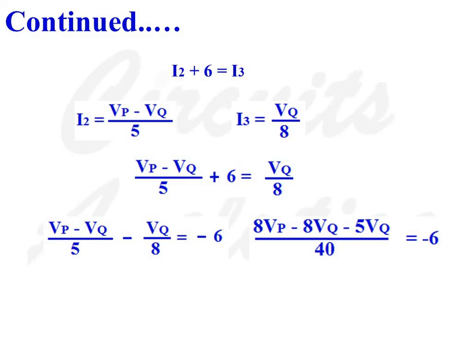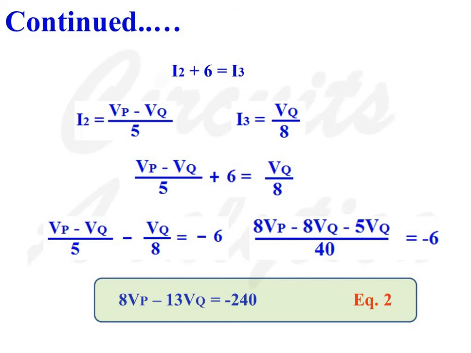(Vp minus Vq) divided by 5 minus Vq by 8 is equal to minus 6. Or (8Vp minus 8Vq minus 5Vq) the whole divided by 40 is equal to minus 6.